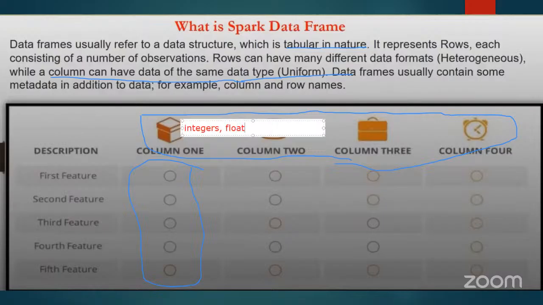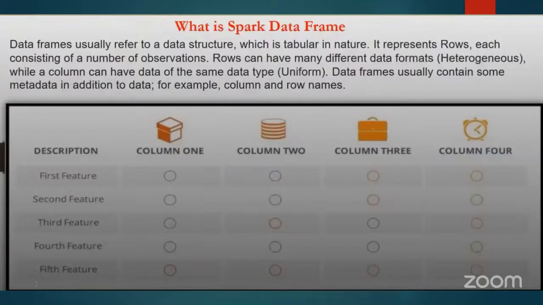So each column has a data type. Rows and columns: each column we can call a field, and a row is nothing but a record. A column is nothing but a field. You need to remember this.